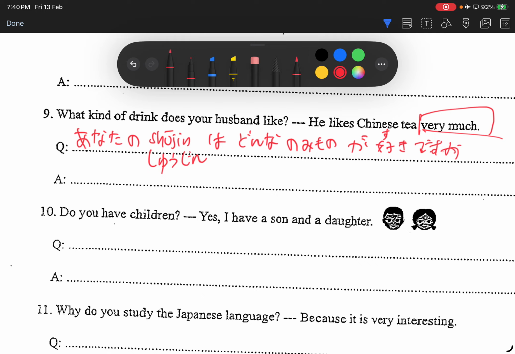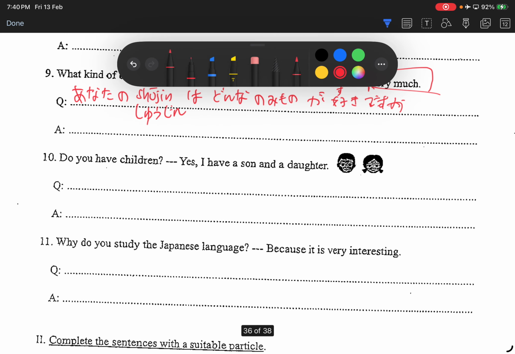Okay, number 10. Do you have children? 子供がいますか？ Very good. I skip the you, otherwise it would be あなたは子供がいますか。The subject we can usually skip.